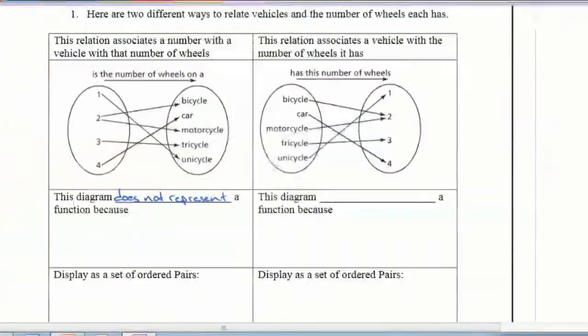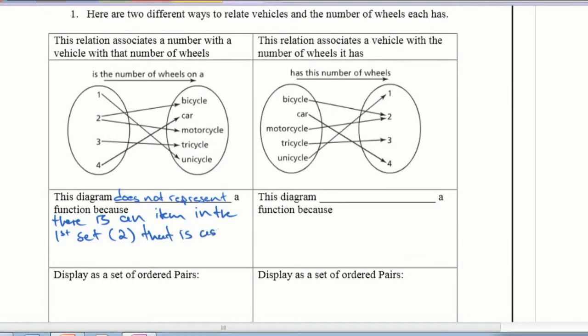So if we go with a fancy definition, there is an item in the first set, in this case 2, that is associated with 2 elements in the second set.